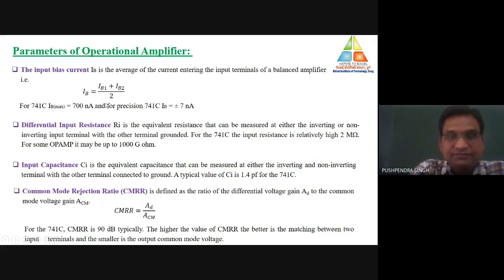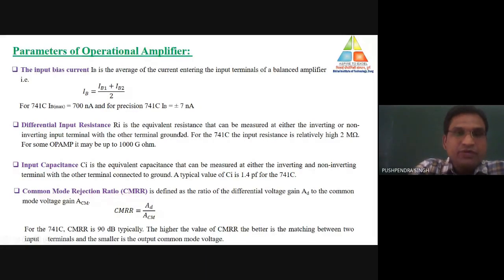Then input resistance. Input resistance is an equivalent resistance that can be measured at either the inverting or non-inverting terminal with the other terminal grounded. Whenever we calculate the input resistance at the non-inverting terminal, the inverting terminal must be grounded, and if the input resistance is calculated at the inverting terminal, the non-inverting terminal will be grounded.